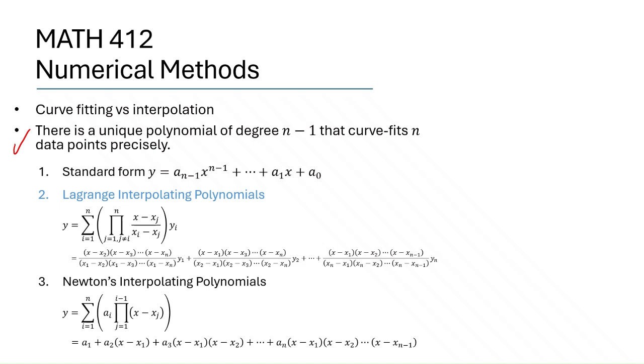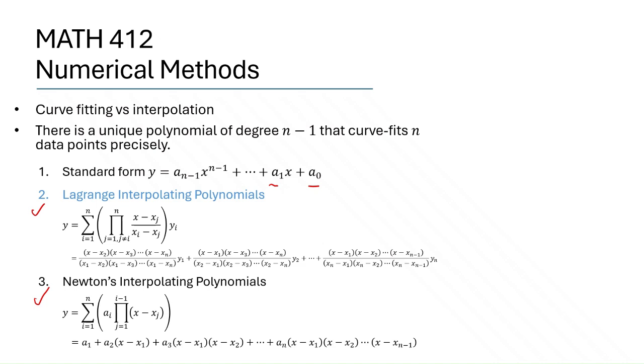Okay, usually we have three approaches. We could use a standard form. Okay, this we may say is the general form, standard form. This involves calculations to determine those coefficients through the data points. And we can also use Lagrange interpolating polynomials and Newton's interpolating polynomials.